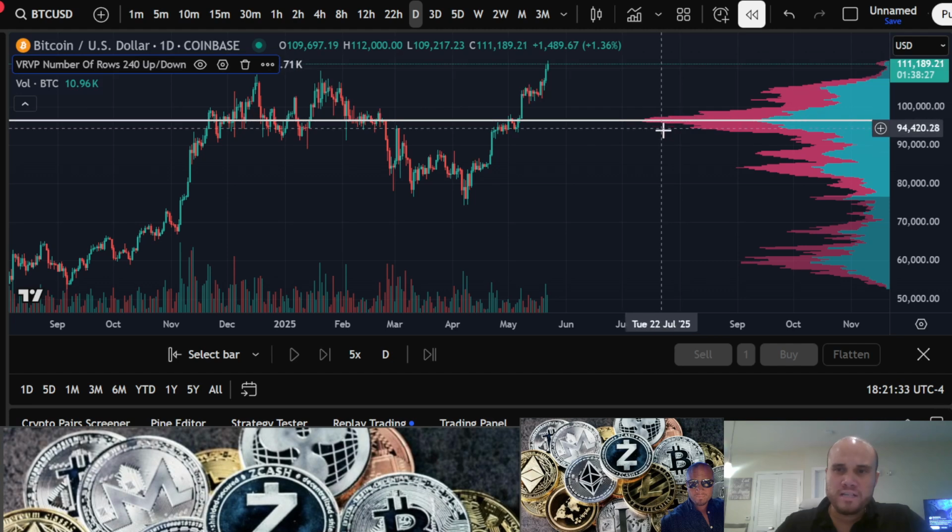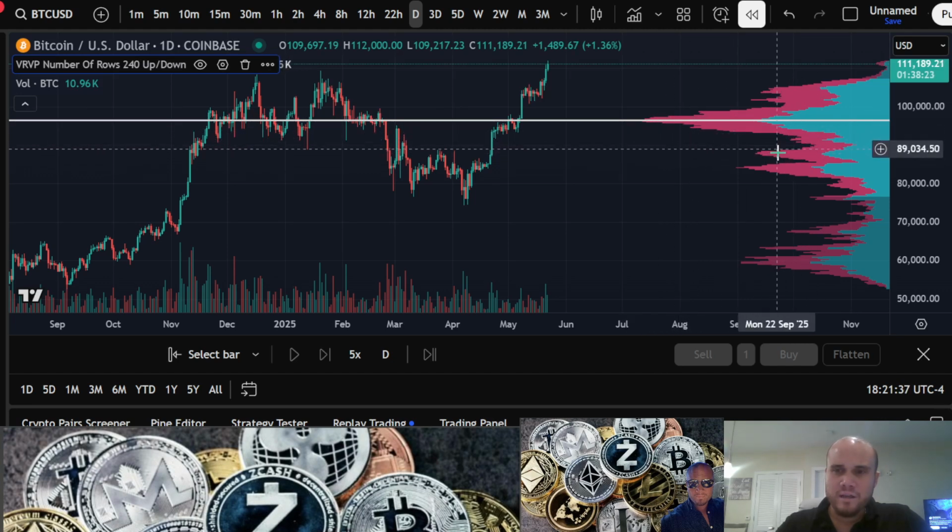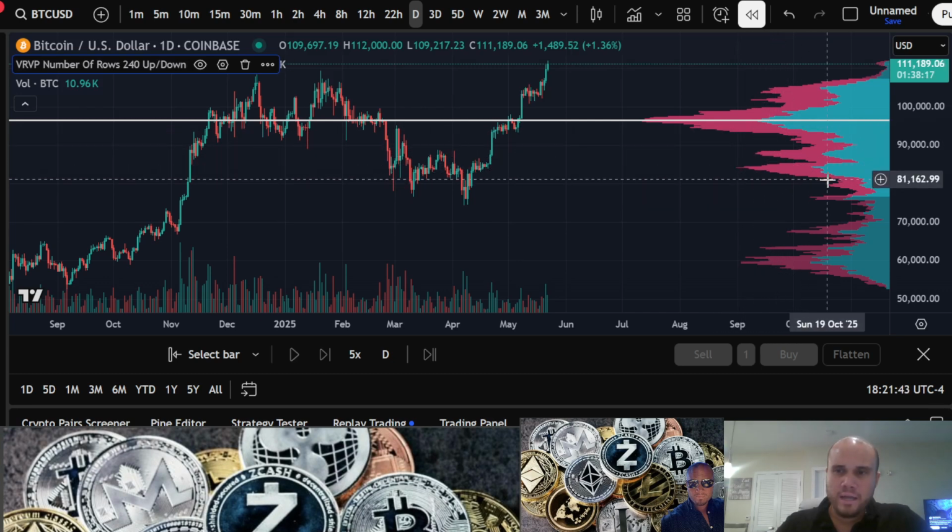You get more precise measurements, and you can see where the gaps are on the volume range between the various nodes here. So you got a node here, a gap, another node, and then a gap, a little bit of a node, gap, and then another node here.